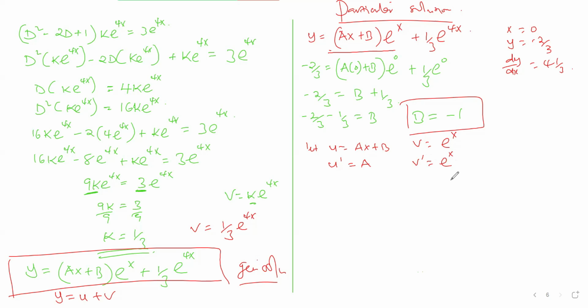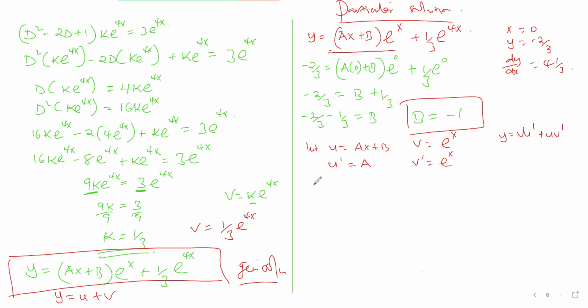Now you input it in the form y equals vu prime plus uv prime. Either of them is okay, since you are just adding vu prime plus uv prime. So remember, this is for this part. This part will just drop 4, so there's no issue.